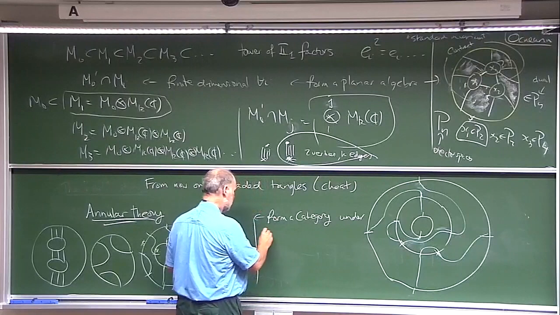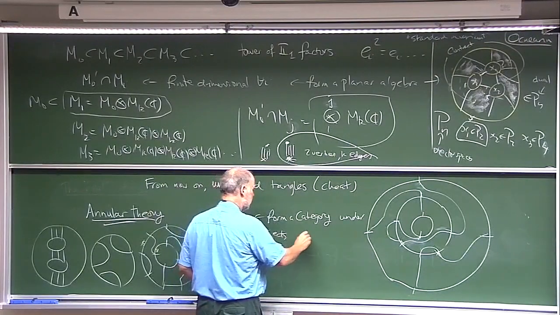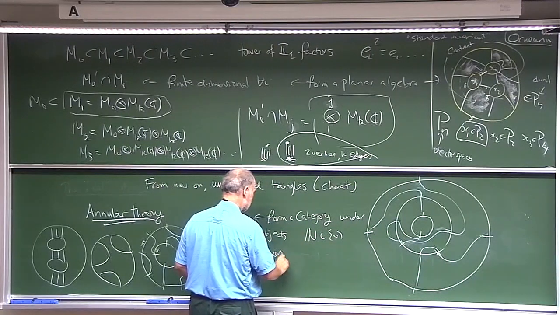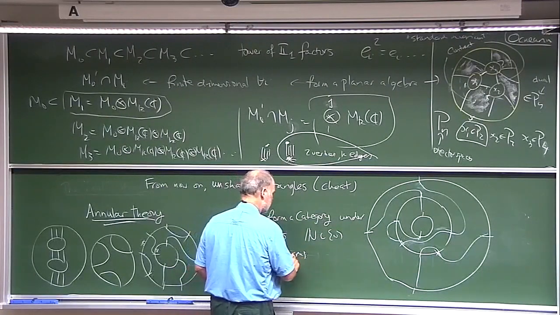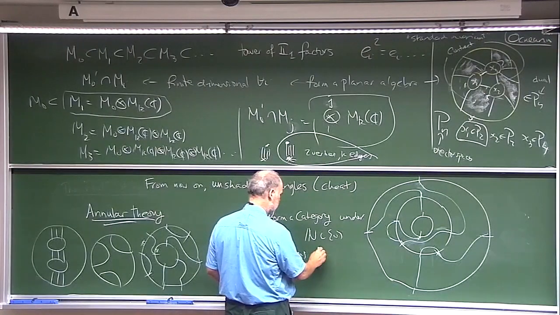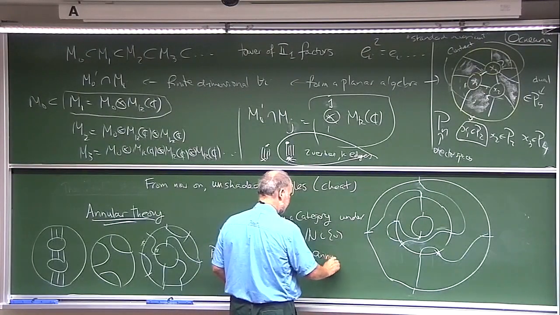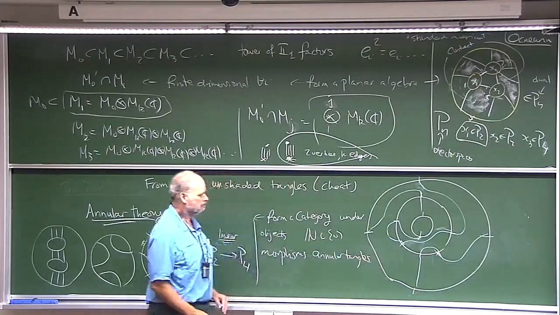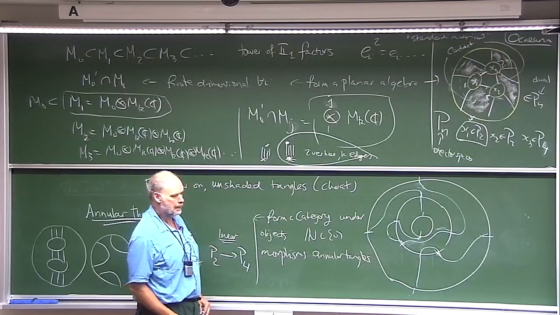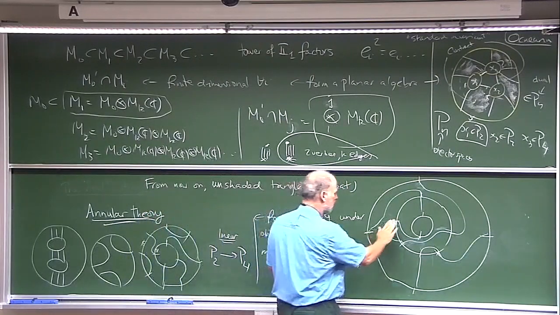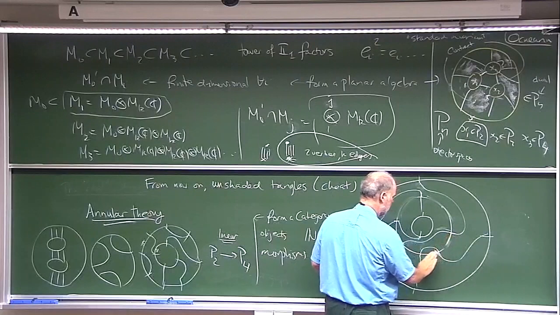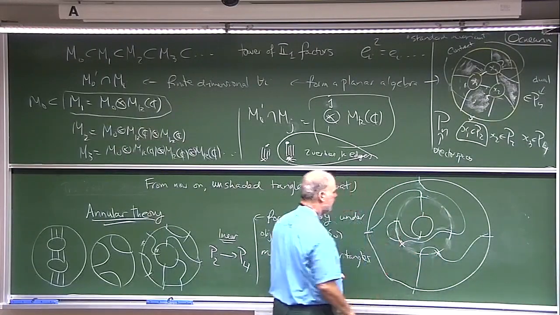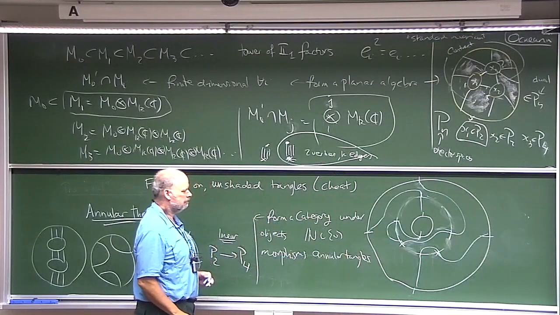The objects are simply the integers, union 0, and the morphisms are annular tangles. The composition of these morphisms is simply the result that we get from the gluing, from the operad. And that's how you do it.